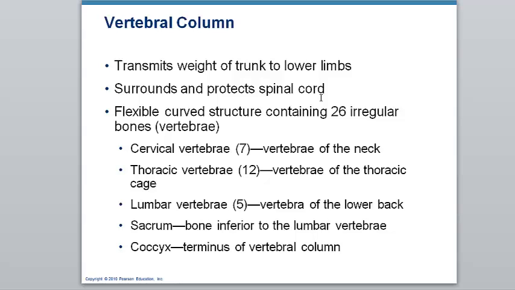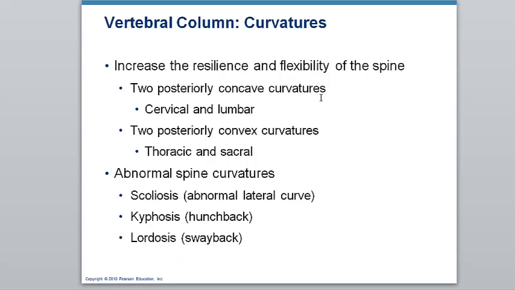Now, if you look at your vertebral column, it's not straight. There are a lot of curves that you see in your vertebral column. When you look at the curvatures, you have 2 posteriorly concave curvatures in your cervical and lumbar region. You can actually see them concave. You can feel those curves when you just go over your vertebral column with your hand.